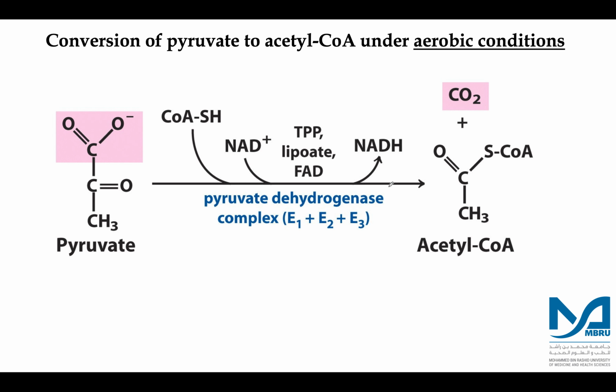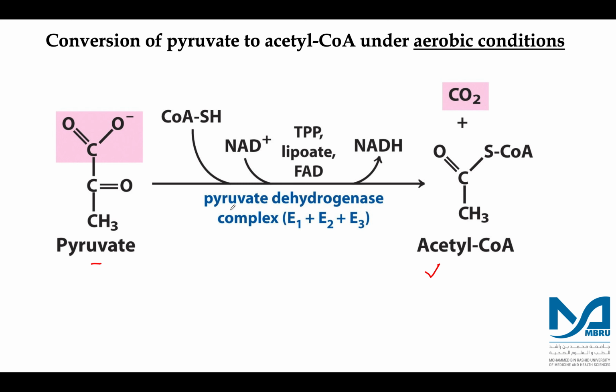Now, once we have transported pyruvate inside the mitochondrial matrix, the first step will be to convert pyruvate to acetyl coenzyme A, and I mentioned this in the preceding slides.